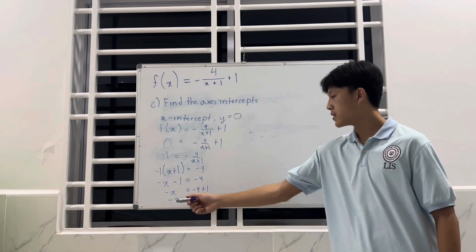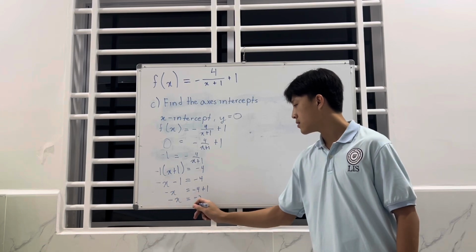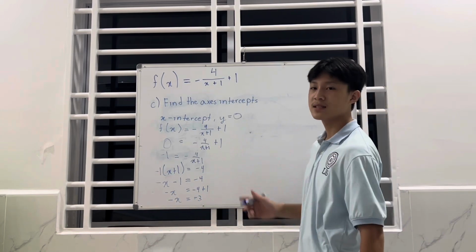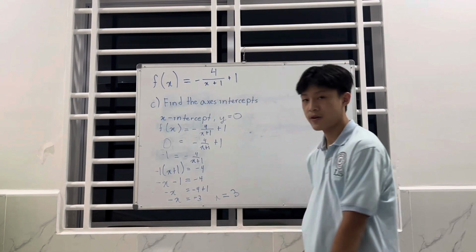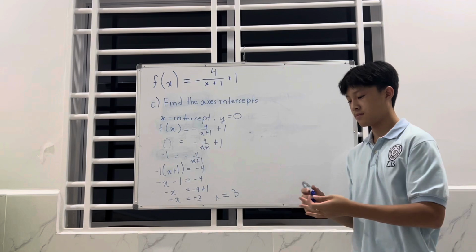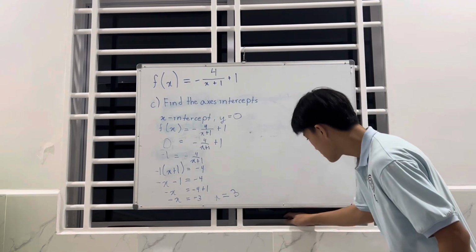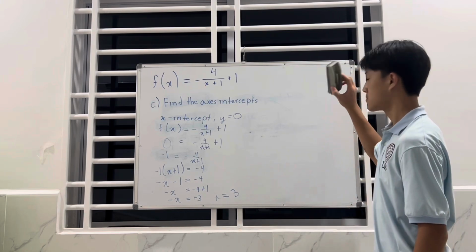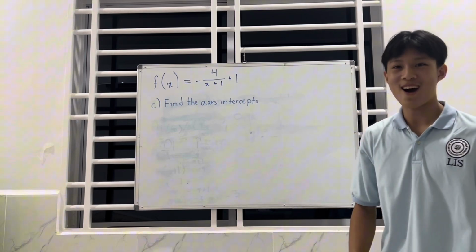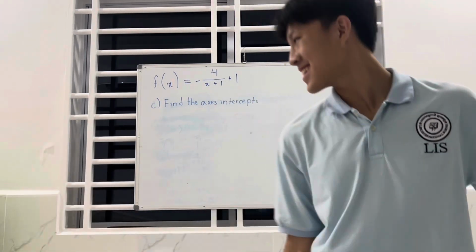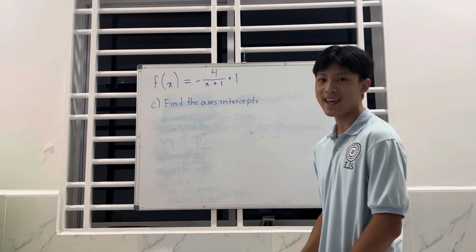And since both of these are negative, we can cancel them out to make our intercept x equals 3. Wow! So now after finding the x-intercept, we're going to find the y-intercept.